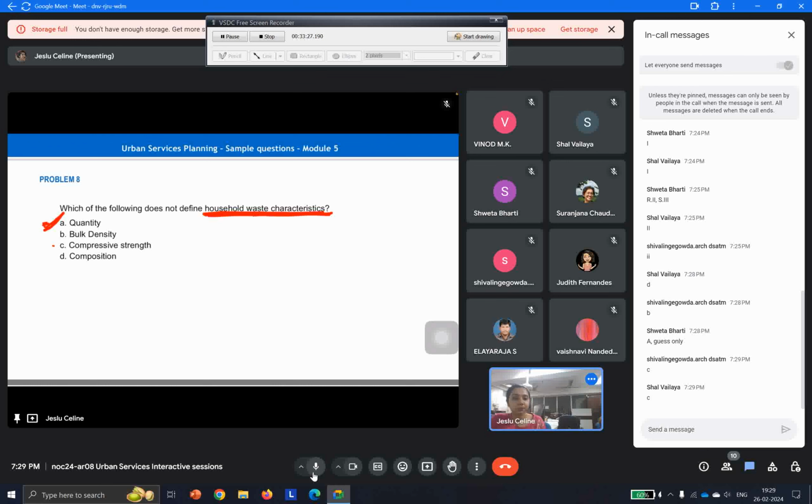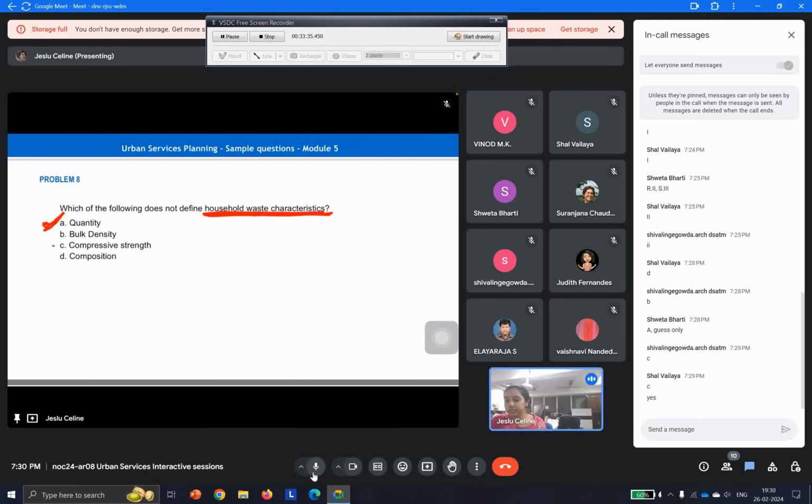Bulk density, does that influence? Yes, bulk density also influences, because based on the density we'll also have to look at the volume that would be required. So bulk density influences. Now compressive strength does not. You're right, the answer is right. Why?